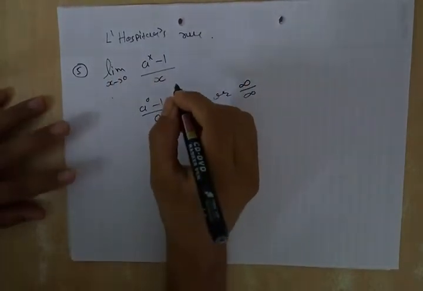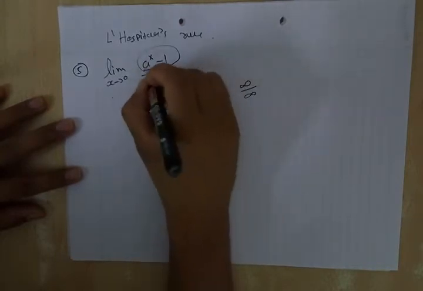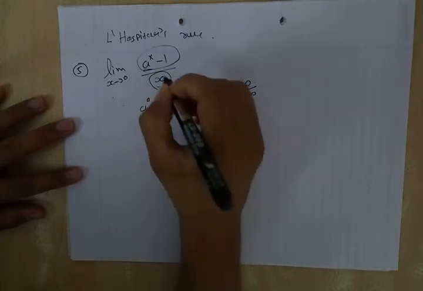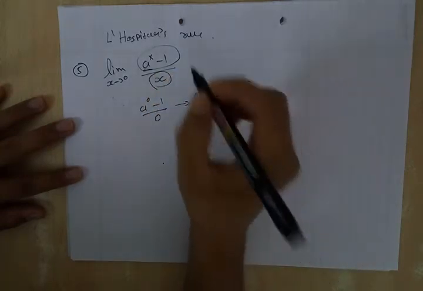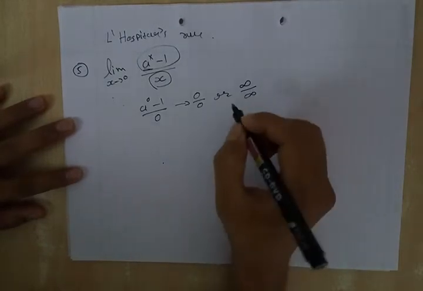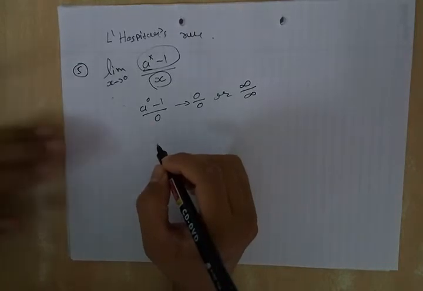So according to this rule, you can differentiate numerator and denominator with respect to x until you reach a simplified form.